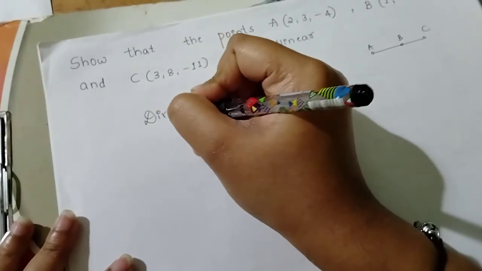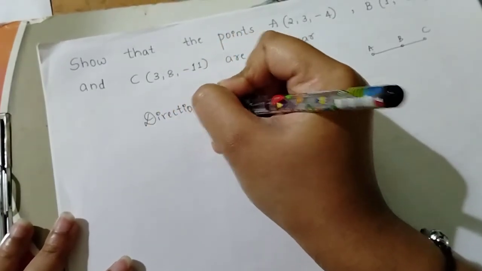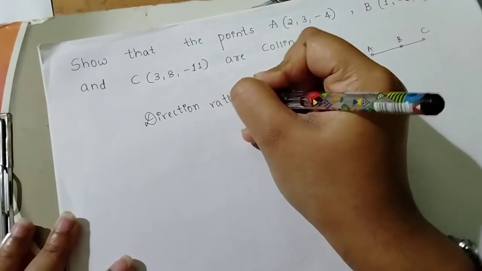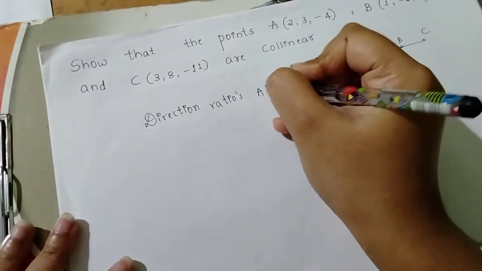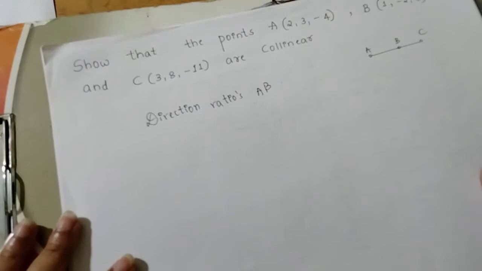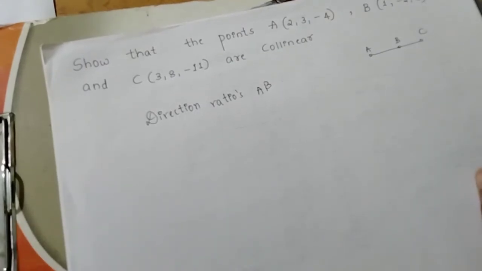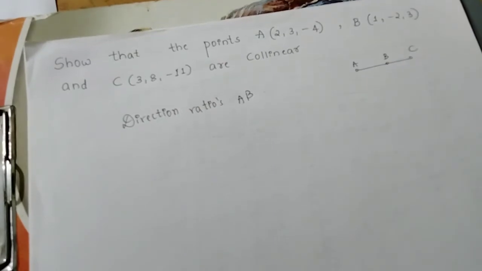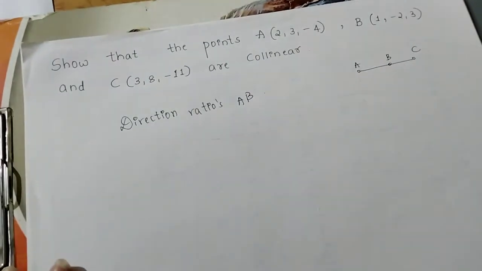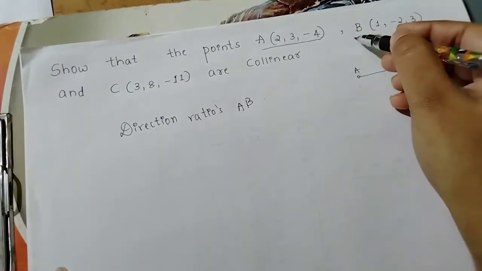So direction ratios of AB, I will find the length. So AB length, if I want, then what I have to do? Same, x2 minus x1, y2 minus y1 and z2 minus z1. This is A point, this is B point.